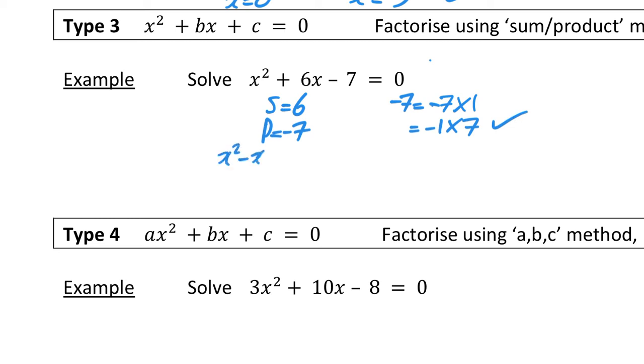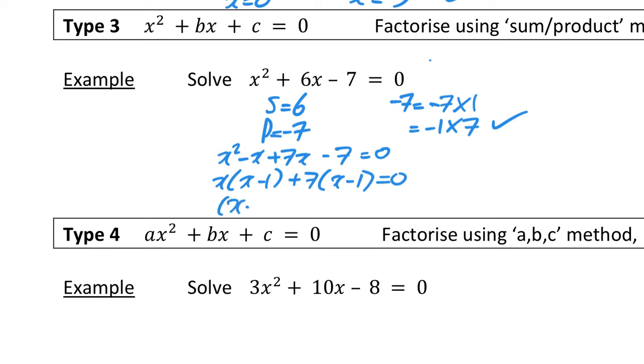x squared minus x plus 7x minus 7 is equal to 0, which means x upon x minus 1 plus 7 upon x minus 1 is equal to 0. So again, you factorize, you write down your common bracket and then you put what's in front of it. So there was an x in front of it and there was a plus 7.